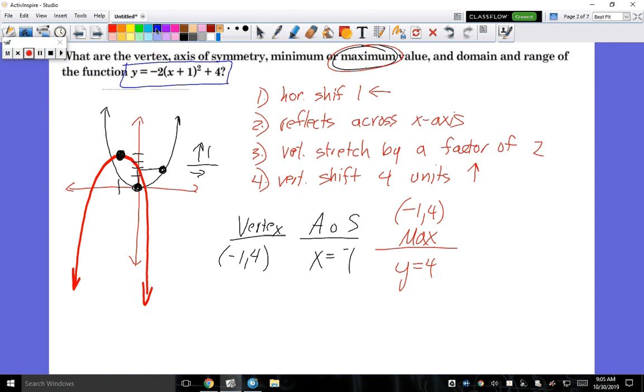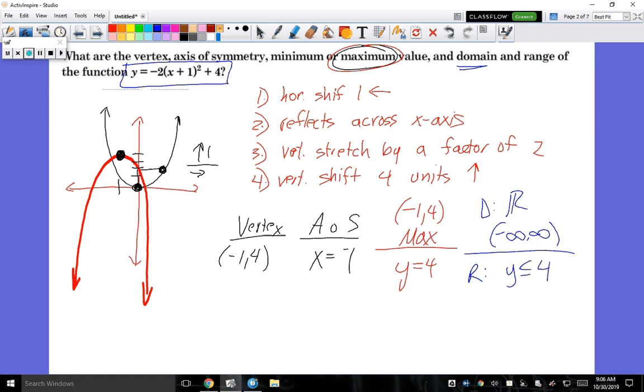Nate, what's the domain? All real numbers. And we'll go now. Brittany, what's the range? The range is y is less than or equal to 4.